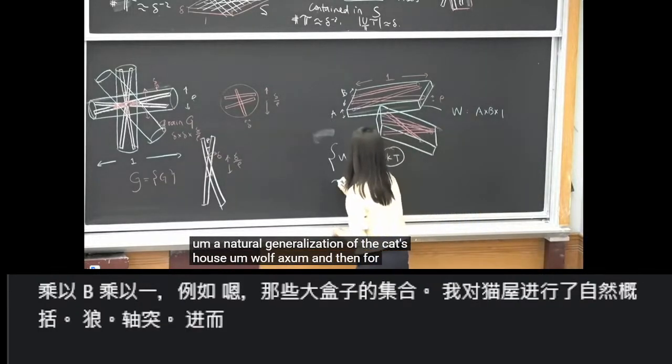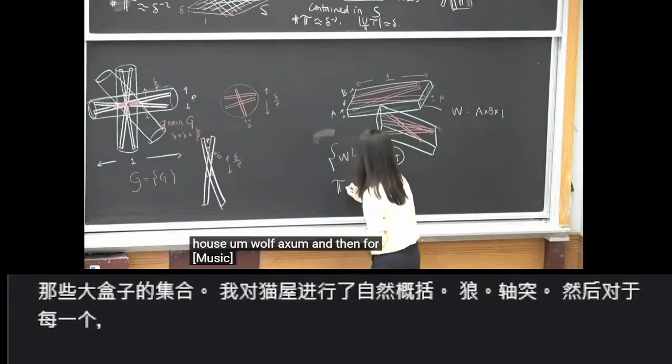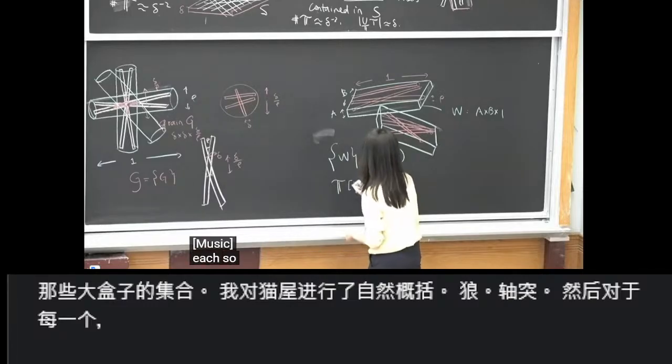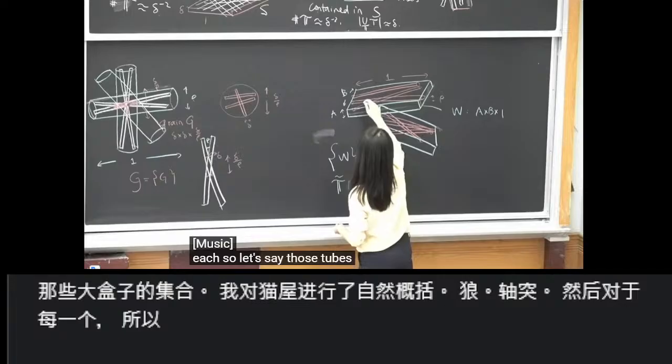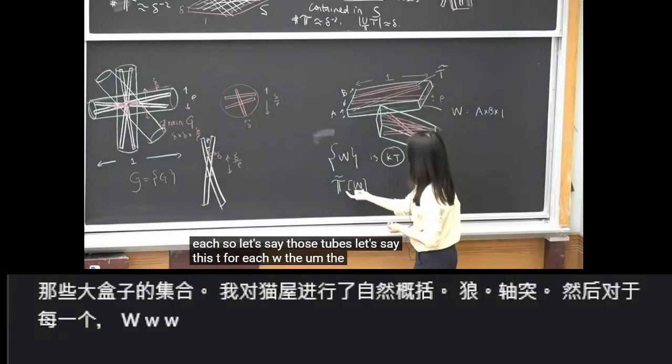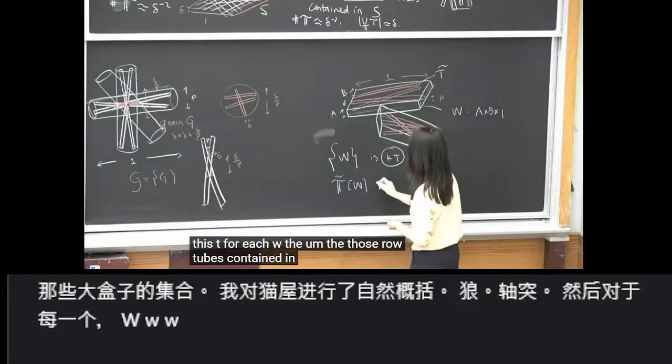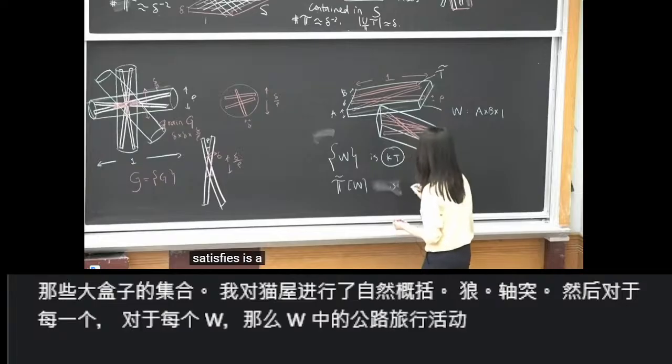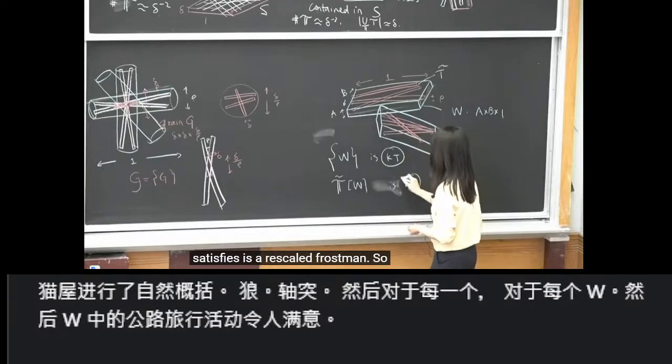And then for each W, let's say those tubes are T bar, the rho tubes contained in W satisfy the rescaled Frossman condition.